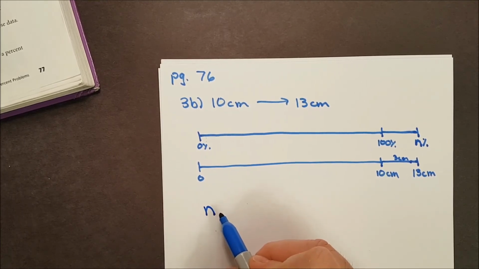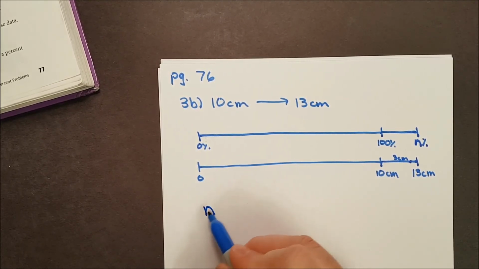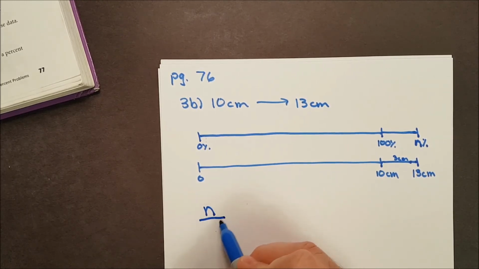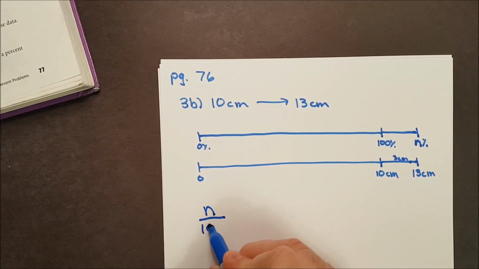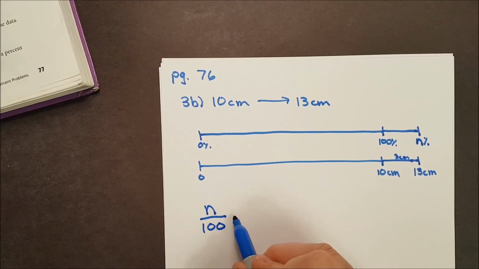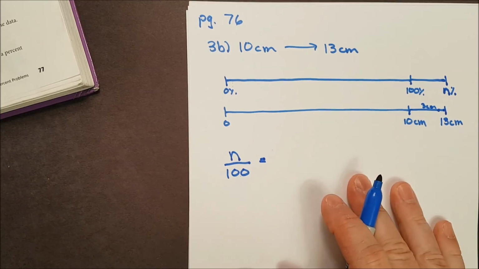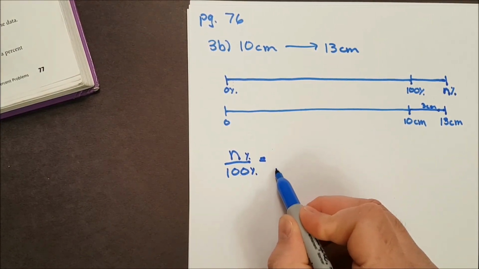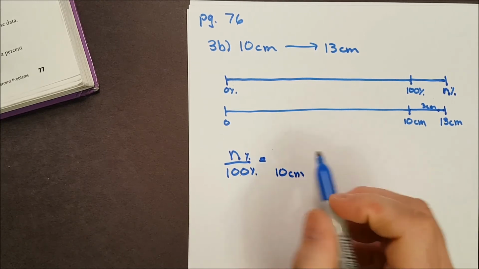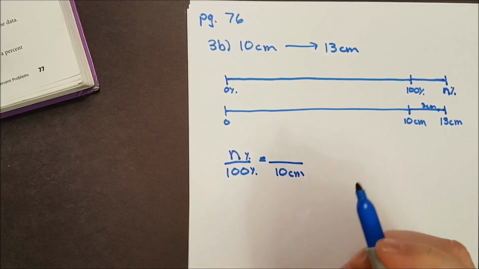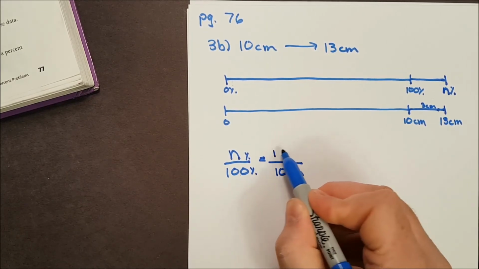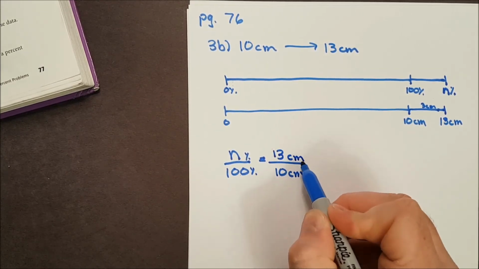N%, and if you recall from the first few videos, n% means n per 100, percent means per 100. So n per 100 equals, well, let's write these as percents, equals 10 centimeters over, or under I should say, 13 centimeters.